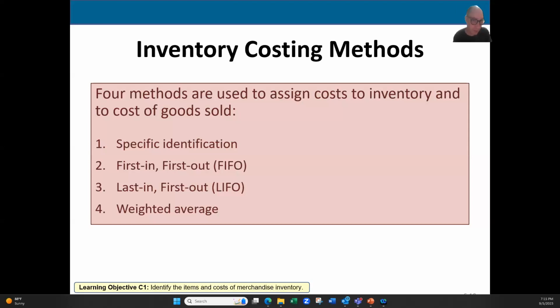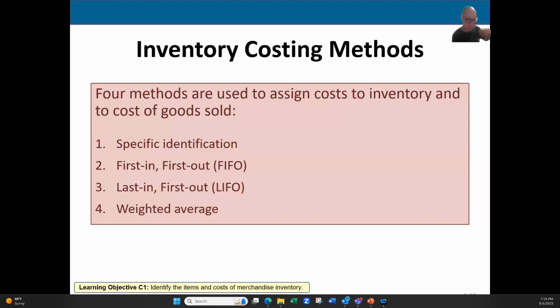The second commonly used inventory costing method is called first in, first out. This is where we take the purchase price of what we purchased first in a sequence of purchases, and we sell that first.